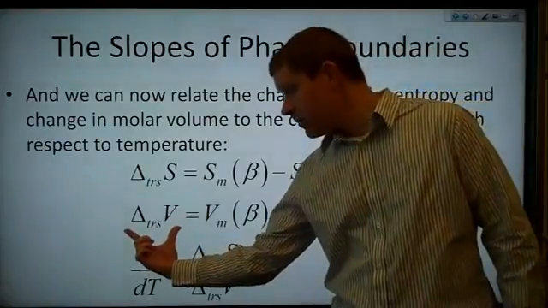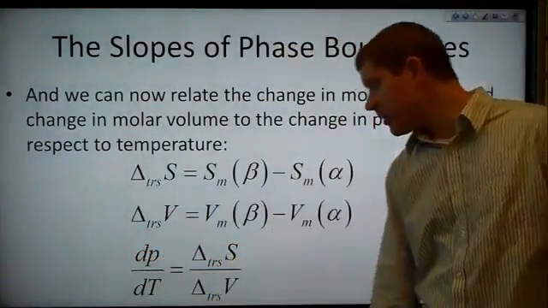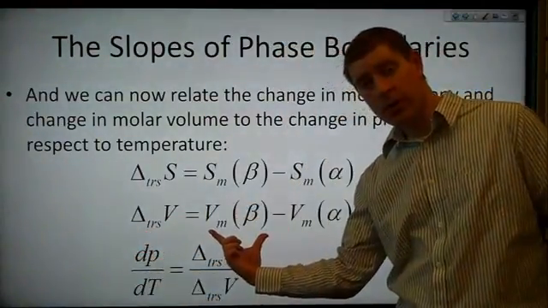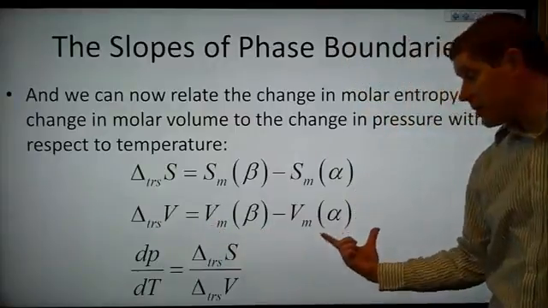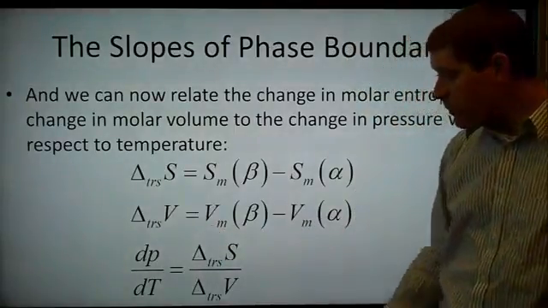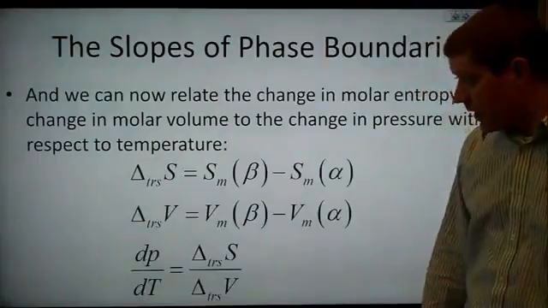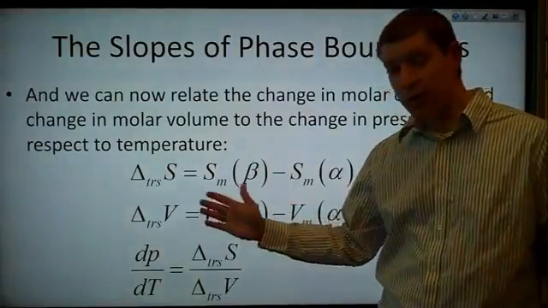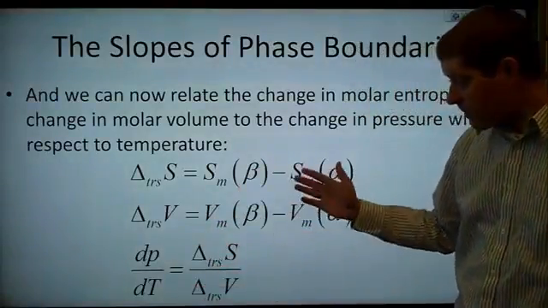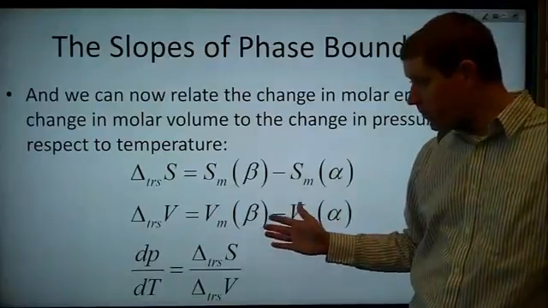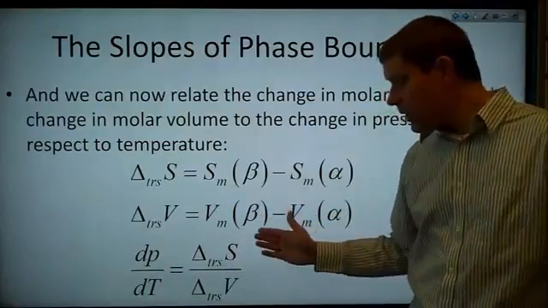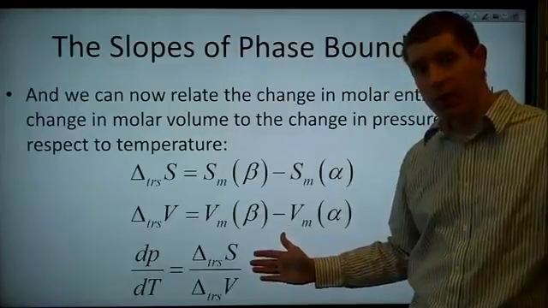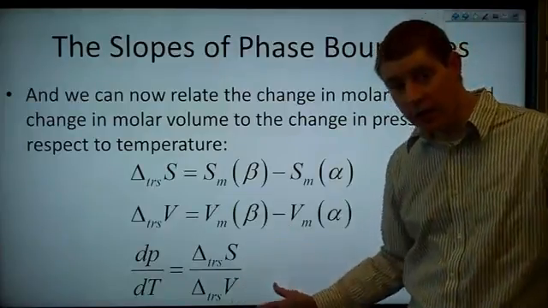And then the change in volume for that phase transition is equal to the molar volume for beta minus the molar volume for alpha. And so now the change in pressure with respect to temperature is equal to the change in entropy for that transition divided by the change in volume for that transition.